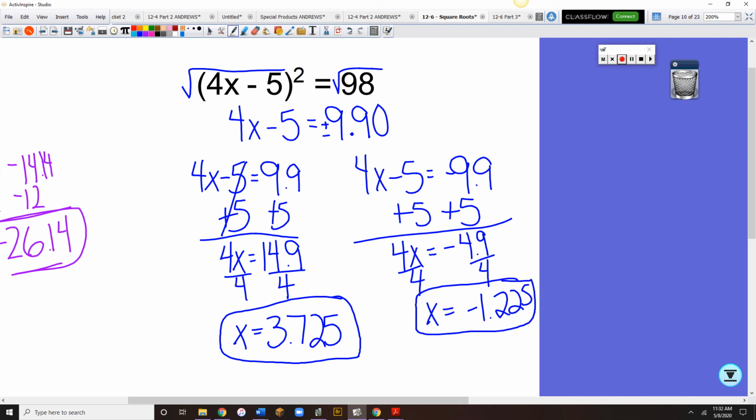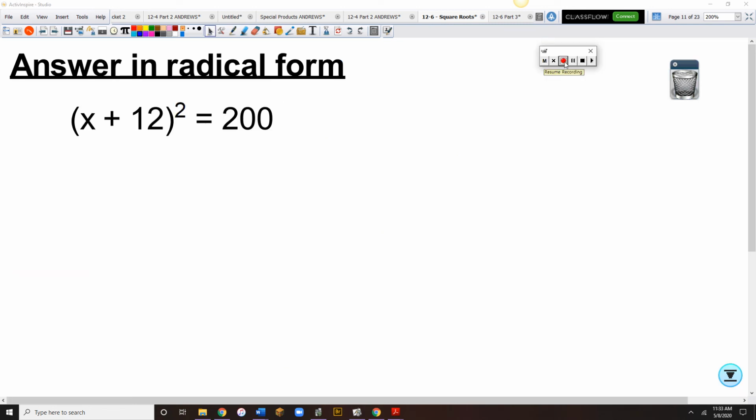Okay, so now let's look at these same problems but in radical form, not rational, radical. All right, this last one, we're going to answer in radical form, okay? And the problems that we're going to ask you to solve in radical form do not have a coefficient in front of the x, because that becomes super complicated, okay?